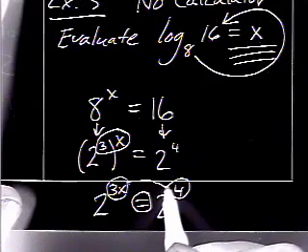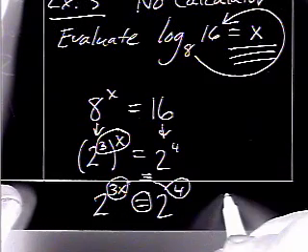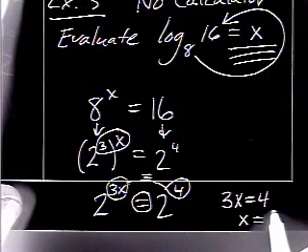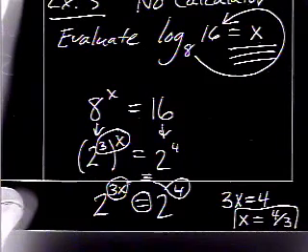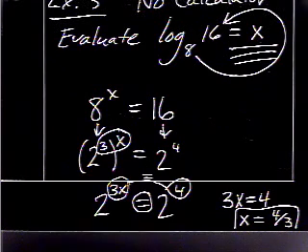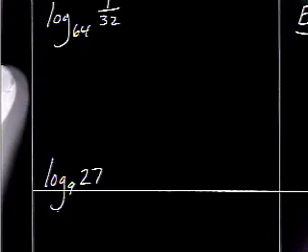It tells me that these exponents have to be equal. So 3x has to be equal to 4. That would mean x is equal to 4/3. I know that that wouldn't have been very obvious to you, so you're probably going to have to practice more of those. Let's do a few more of them.